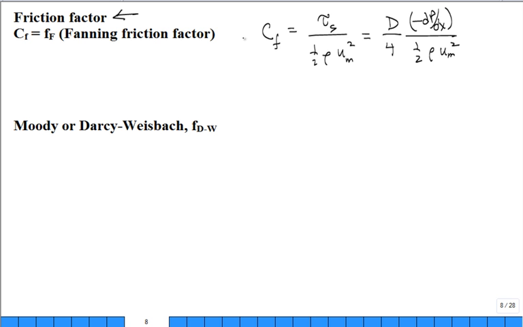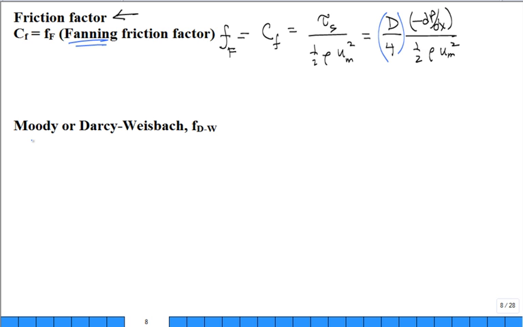Sometimes it's also called a friction factor, but a Fanning friction factor, after somebody who did a lot of work in fluid mechanics. So Fanning friction factor for pipe flow. So it's dp dx with a minus sign because pressure is decreasing as you go down the length of the pipe. Diameter over 4, etc.